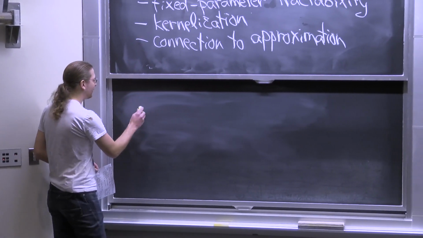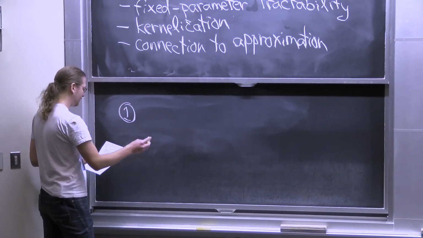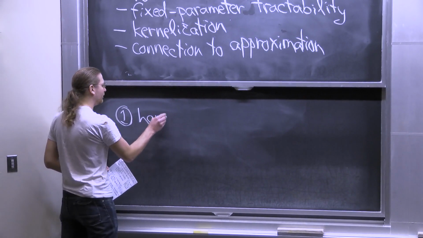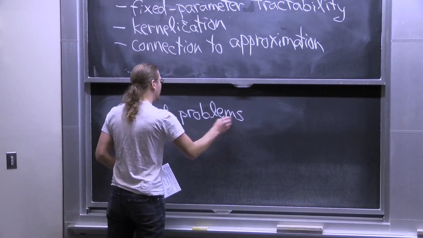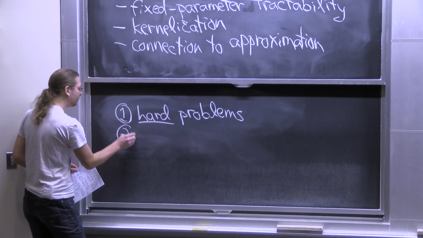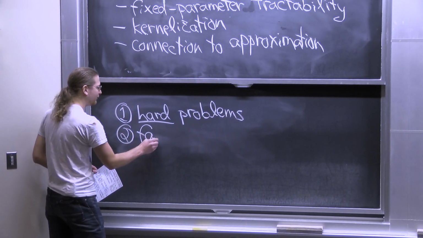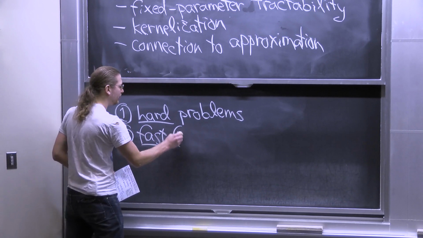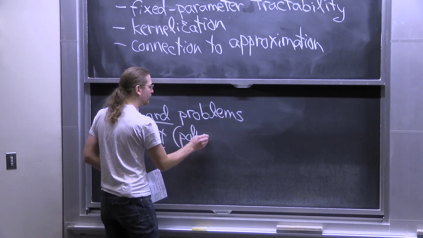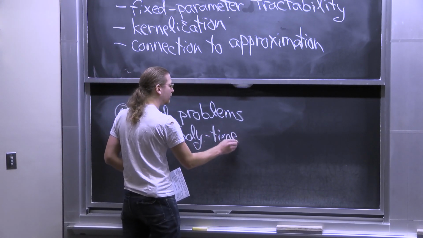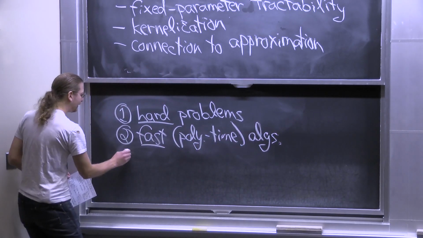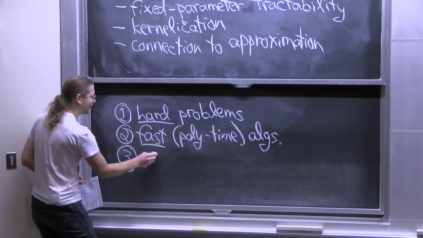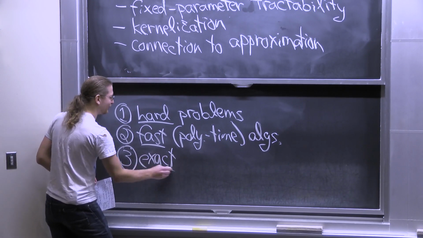In general, the theme of these last two lectures and this one is that we'd really like to solve hard problems. We'd like to solve them fast, meaning polynomial time. And we would like correct solutions, also known as exact solutions.